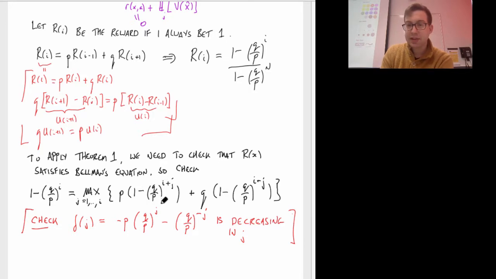So that's just this term and this term here. Oh, and I should be careful, that should be multiplied by q. And you can do that with calculus. You just differentiate it with respect to j and check that the derivatives are negative. That function is decreasing. As I let j get bigger, the derivative is negative, so it goes down and down. So the maximizing value is when j is equal to 1, which is exactly the expression over here.